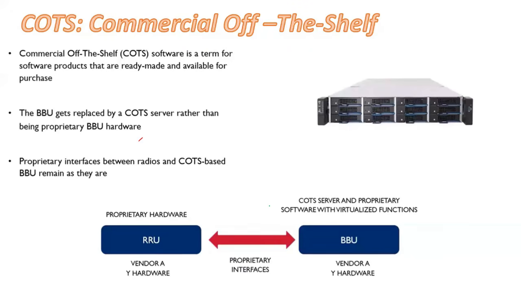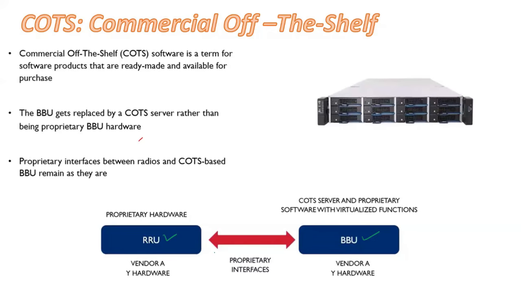So same in virtual RAN, you do not need to buy the baseband unit. Just buy the COTS server, and then you can configure it for the baseband functionality that you want to implement in your network. Okay. But the issue with the virtual RAN is that the RRU is still proprietary, the BBU is still proprietary.